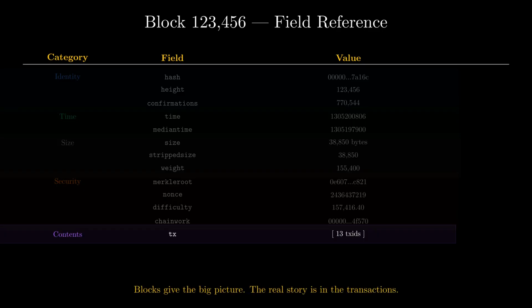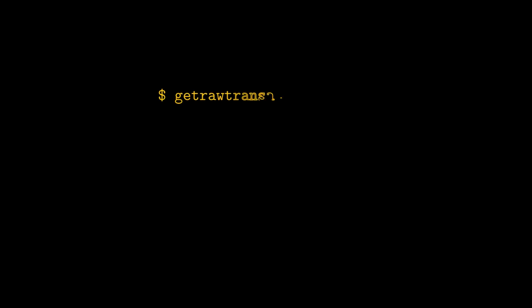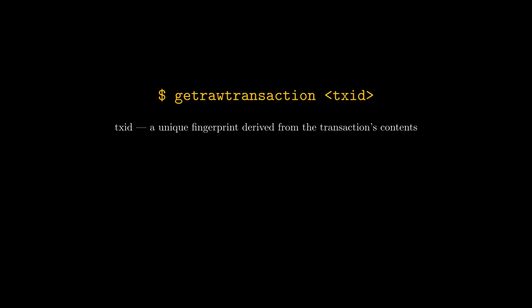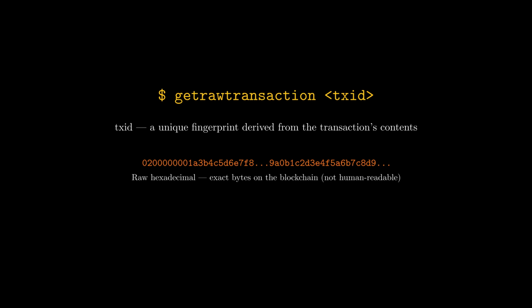Blocks give us the big picture. The real story is in the transactions. Pick one of those 13 transaction IDs, run getrawtransaction with the transaction ID, a unique fingerprint derived from the transaction's contents. The node returns raw hexadecimal, the exact bytes as they exist on the blockchain, not human readable.